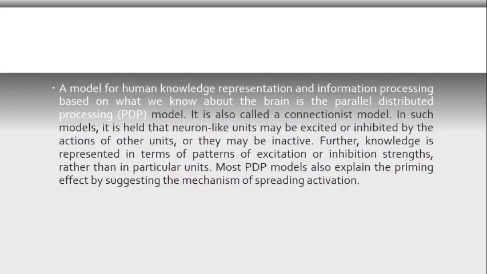Further, knowledge is represented in terms of patterns of excitation or inhibition strengths, rather than in particular units. Most PDP models also explain the priming effect by suggesting the mechanism of spreading activation.